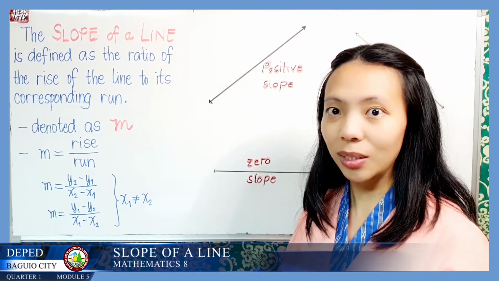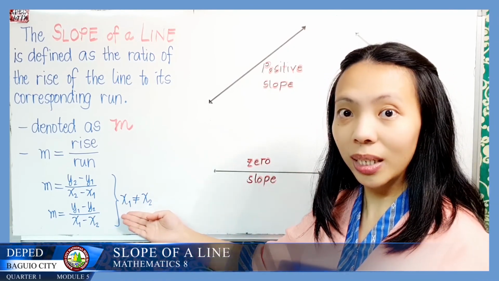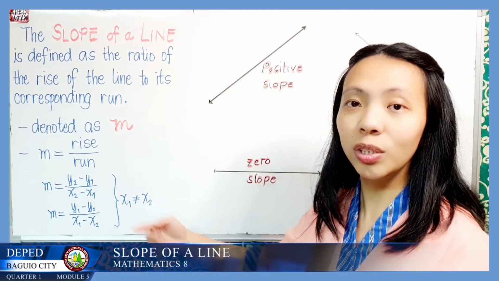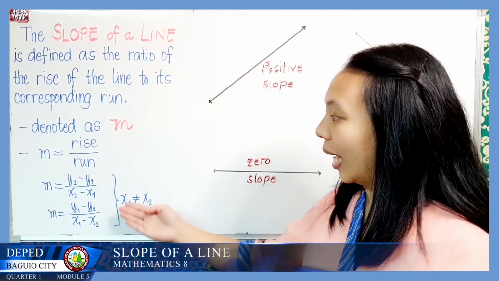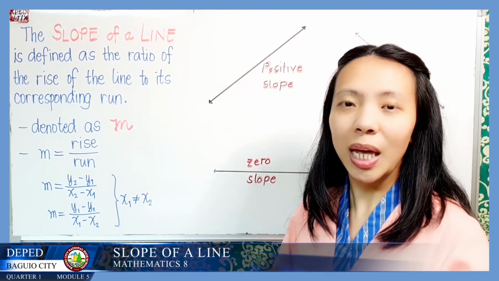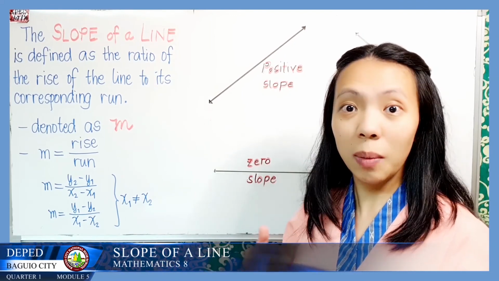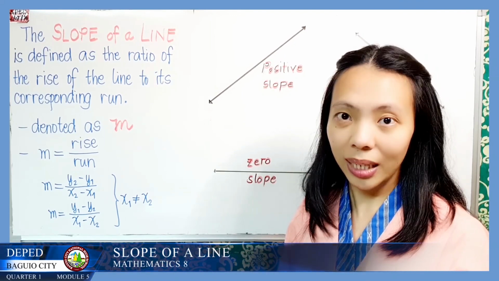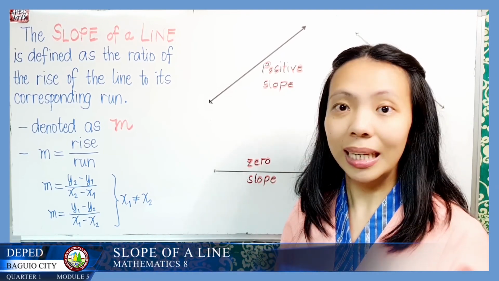But take note that x sub 1 should not be equal to x sub 2. Why? Because if x sub 1 is equal to x sub 2, the denominator becomes 0. And when the denominator is 0, division is not allowed.